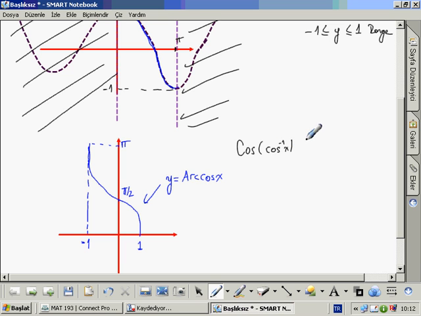Cosine of inverse cosine x equals x, for -1 is less than or equal to x is less than or equal to 1, and inverse cosine of cosine x equals x for 0 is less than or equal to x is less than or equal to pi.